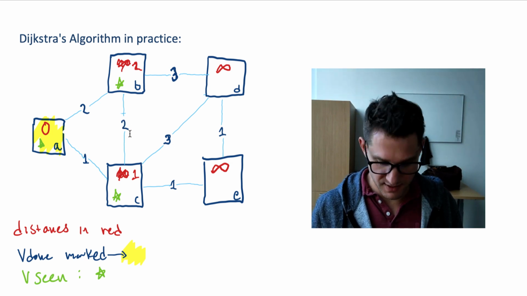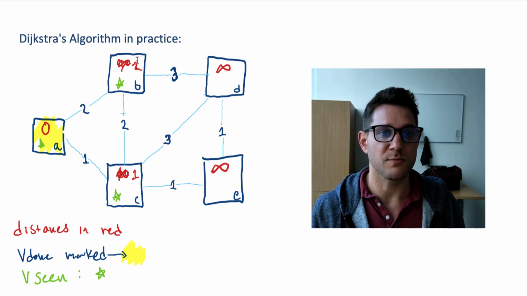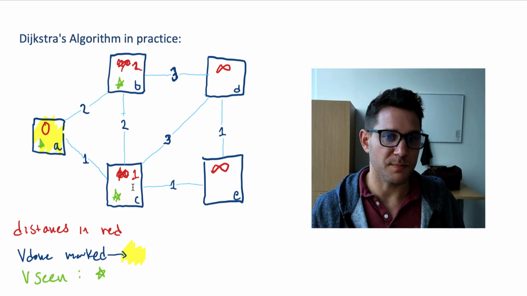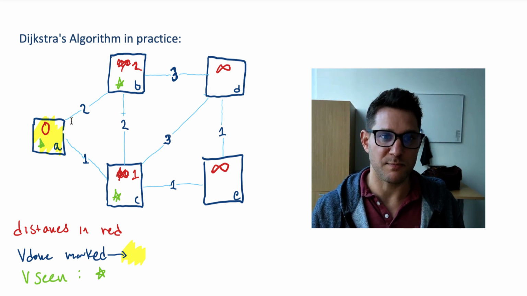And we ask ourselves, is 3 better than 2? And it turns out 3 is not smaller than 2. So we do not update the distance value for B, because 1 plus 2 is not a better path than the direct path from A to B. So no updates are done for B.